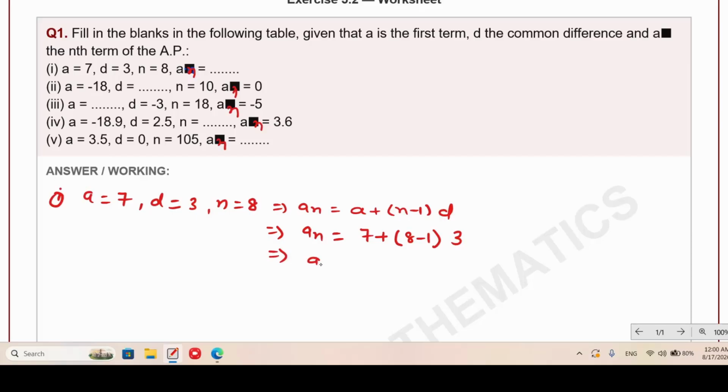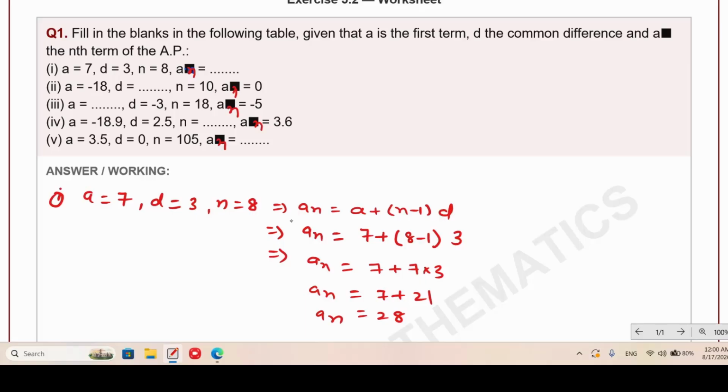That implies An is equal to 7 plus 7 times 3. So 7 plus 21 is equal to 28. So An is equal to 28 here.